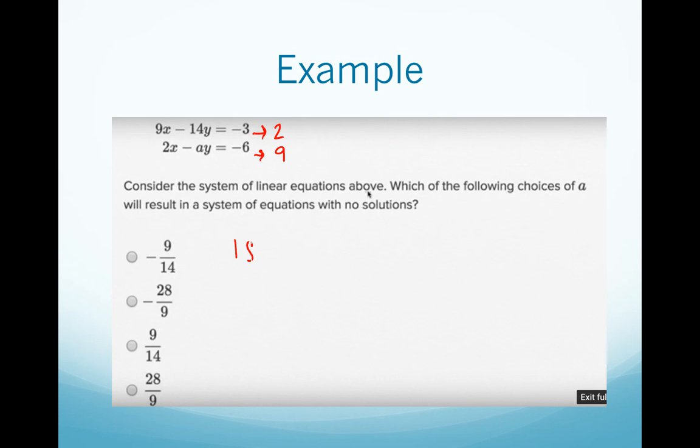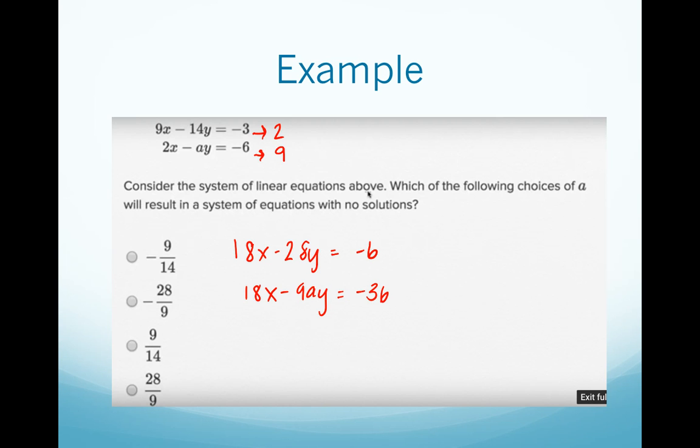Then we have 18x minus 28y equals -6. And on the bottom, we have 18x minus 9ay equals negative 36.